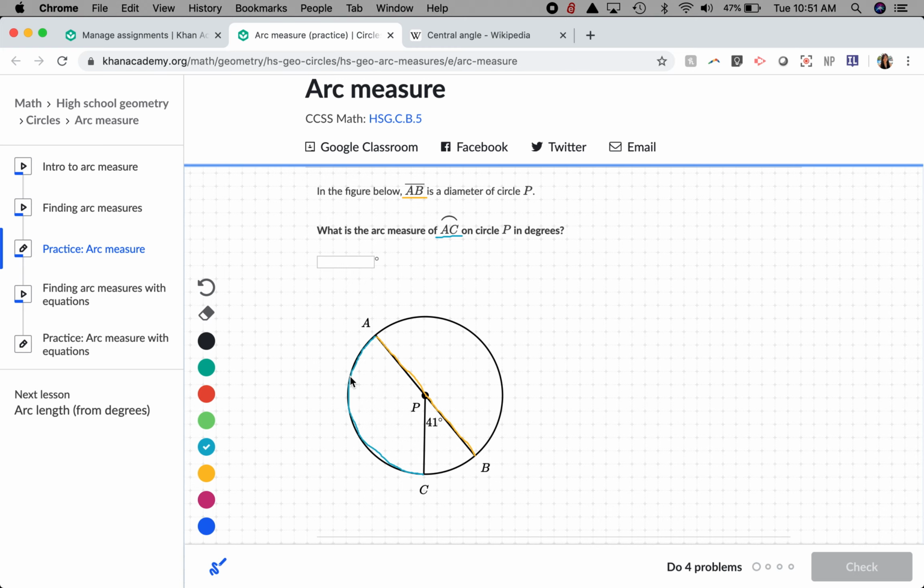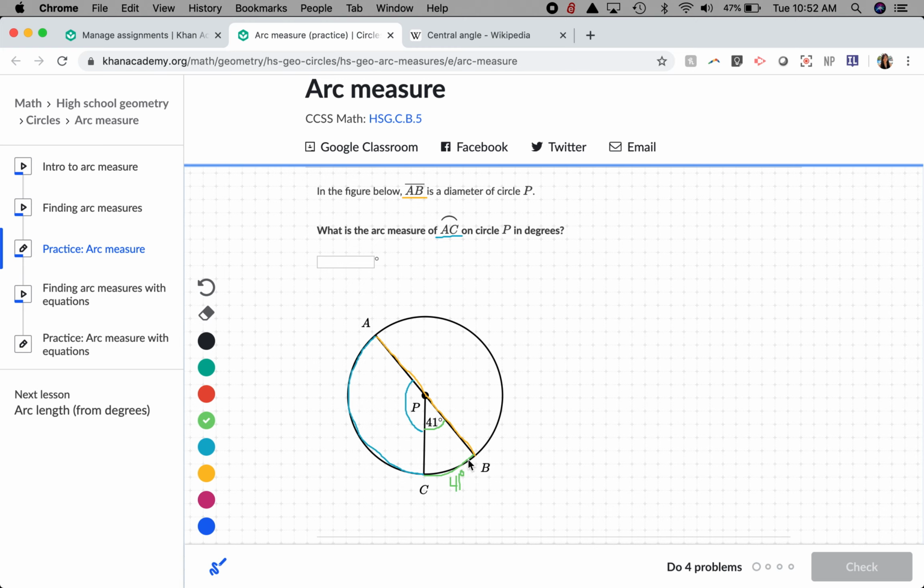Now what do we know about central angles? What we know about central angles is that the measure of the central angle will be exactly the same as the measure of the arc. That means that if we've got 41 degrees here in angle BPC, arc BC will also be 41 degrees.